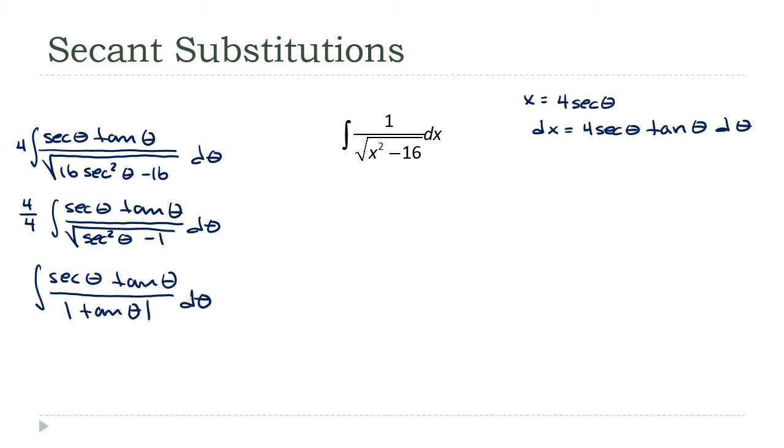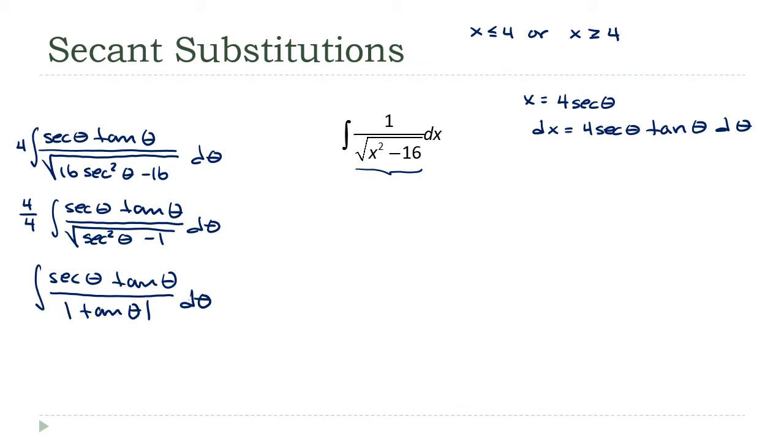Now, I'd like to do that same simplification, but we've got a little problem here. And again, notice what the limitations on the integrand are. x has to be either less than or equal to negative 4, or x has to be greater than or equal to 4. So what does that tell me about theta?